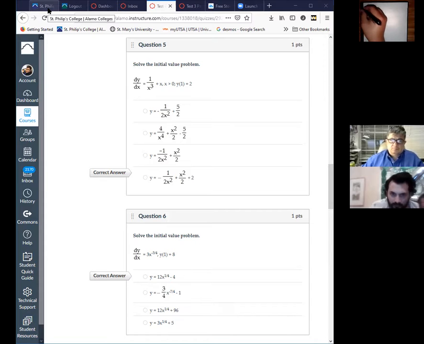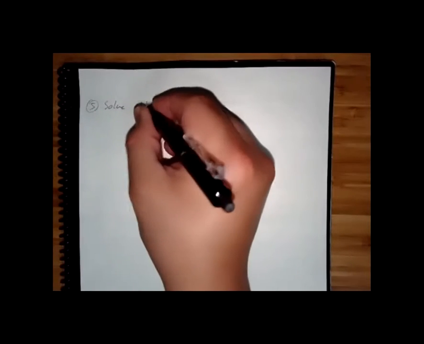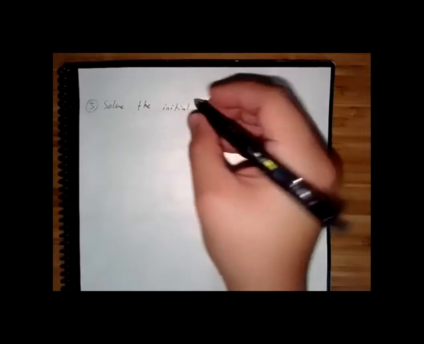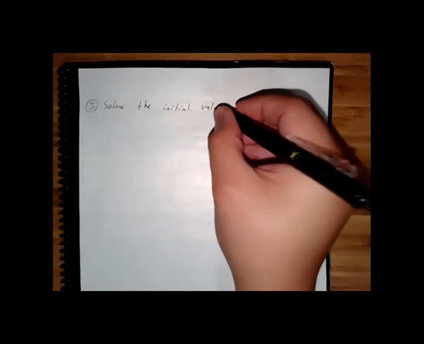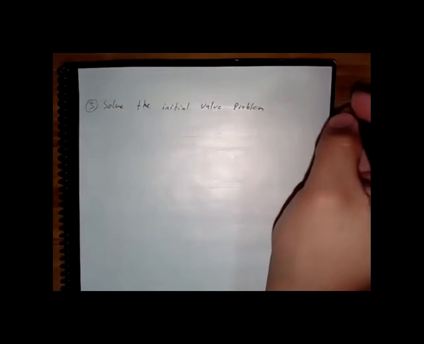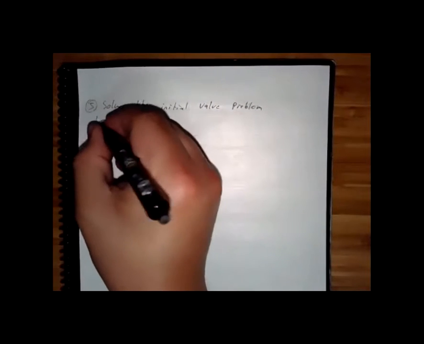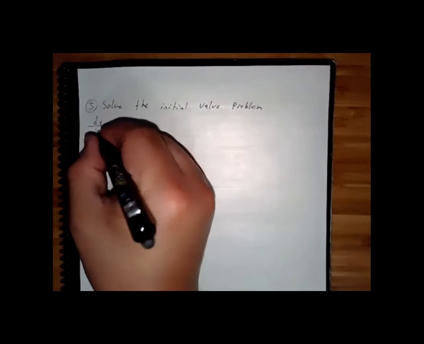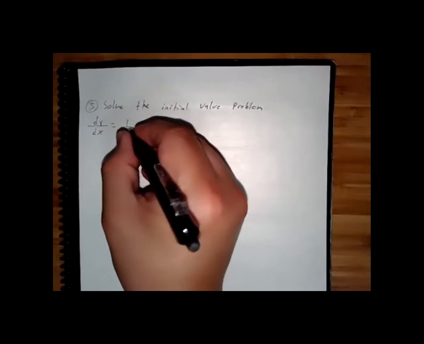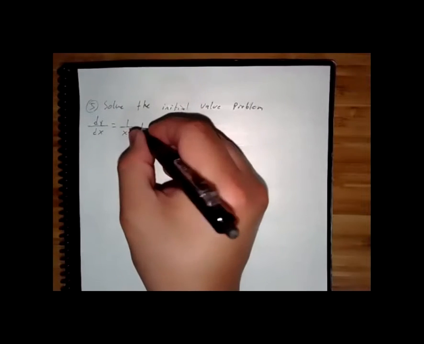All right, number 5. So solve the initial value problem. dy/dx is equal to 1 over x cubed plus x.